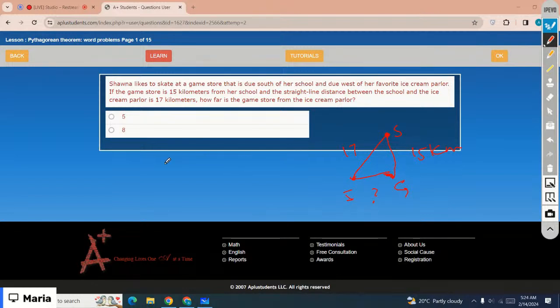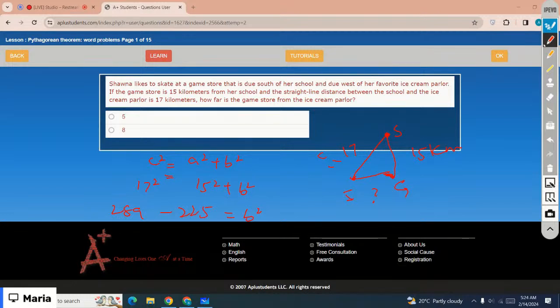Just apply the Pythagorean theorem. You are given c square equals a square plus b square, that is 17 square equals 15 square plus b square. 17 square is 289 and 15 square is 225. You have to subtract the other side, right? Let me just see, hold on. 15 square is 225 and 17 square is 289.